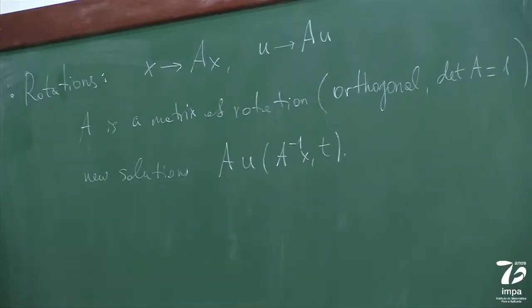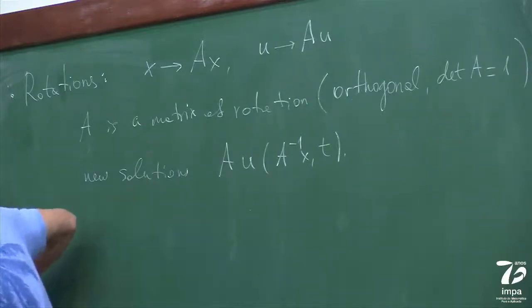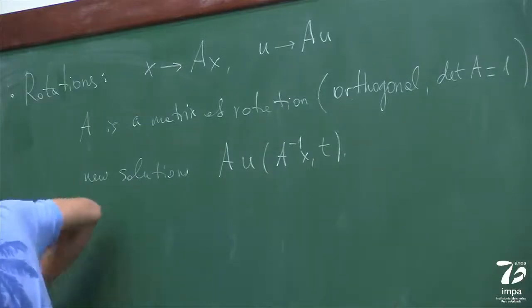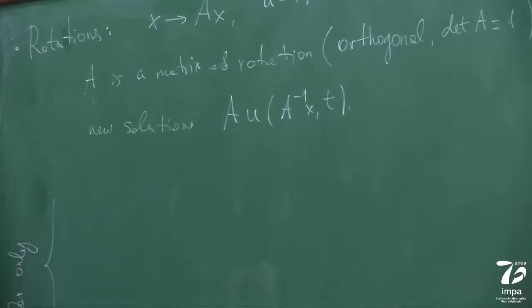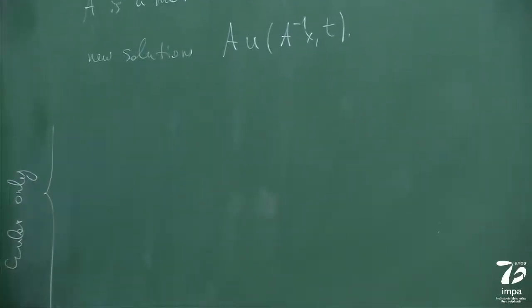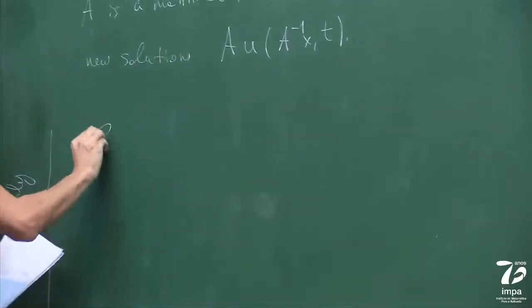The next are scalings. Two scalings, and the first two scalings will be for Euler only. The Euler equations without viscosity have two scaling symmetries. The first is space scaling.